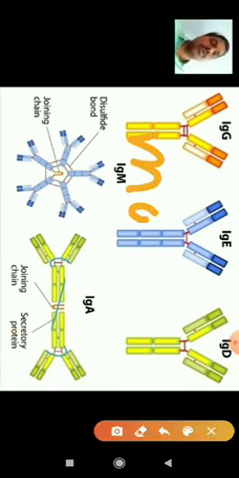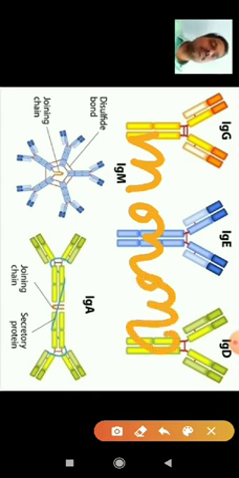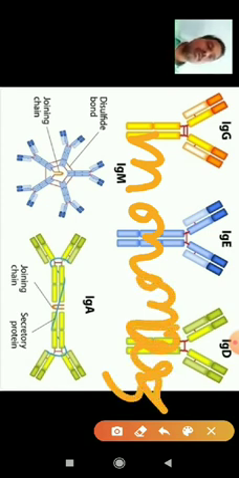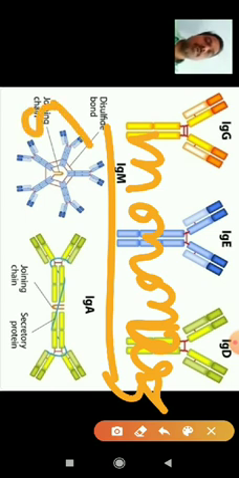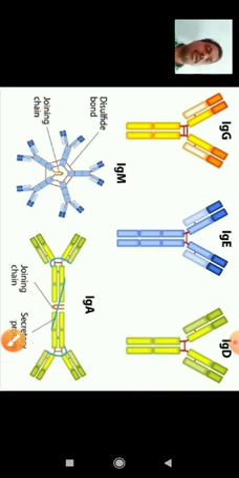So these are monomers, these are pentamer and these are dimer. These are the types of antibodies, and we observed the characters of every antibody.